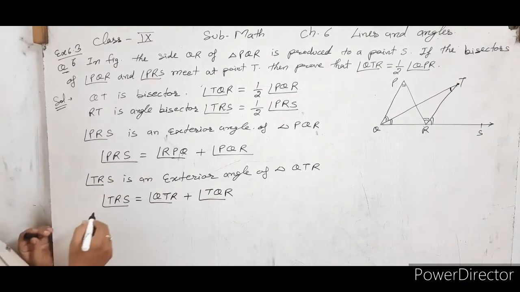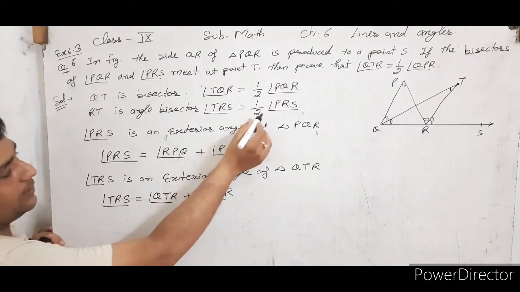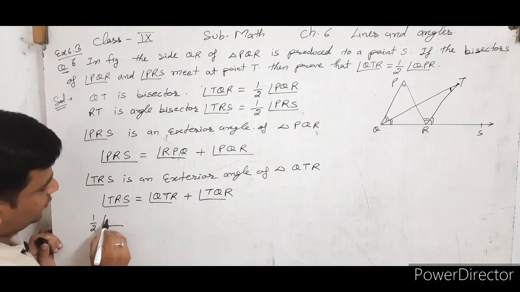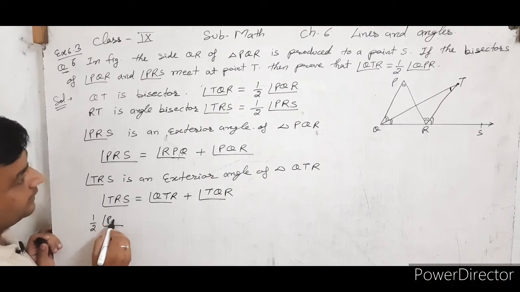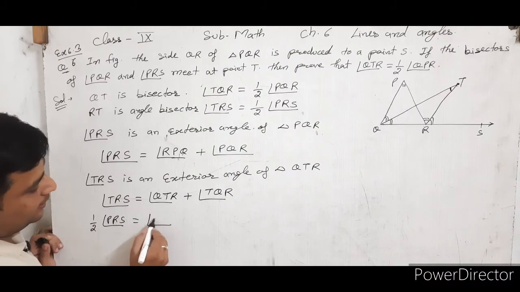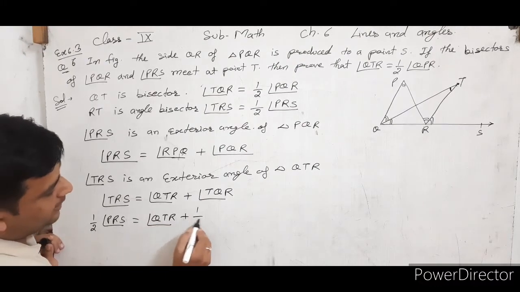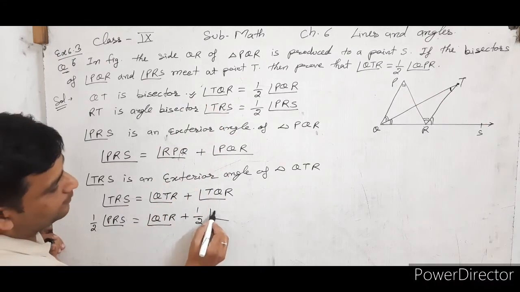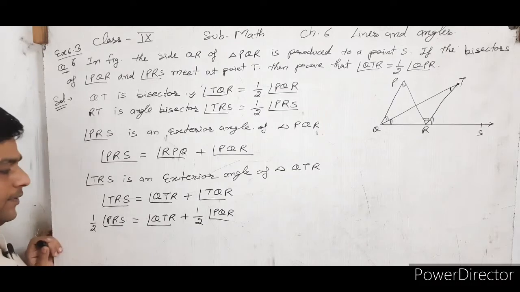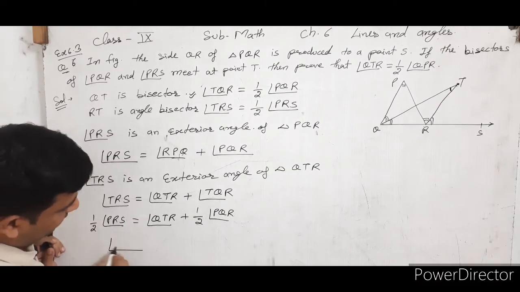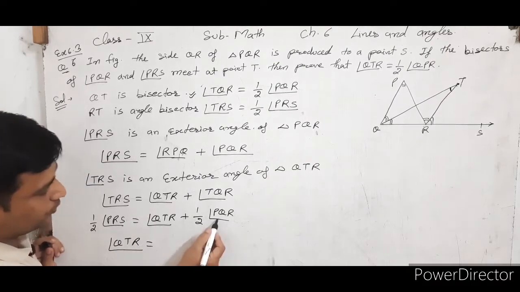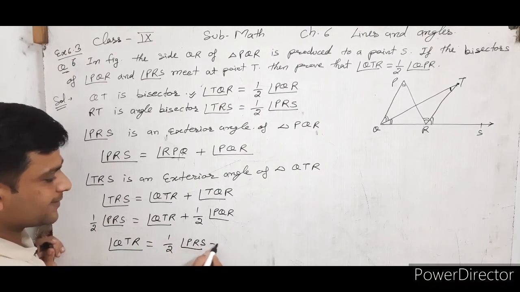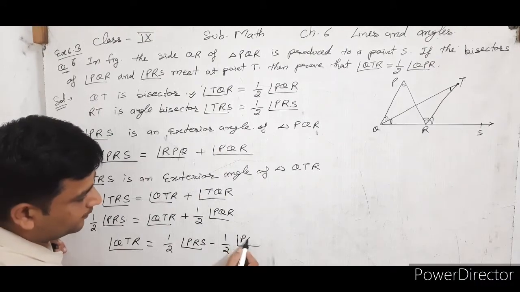Now TRS is half of the angle PRS, so we can substitute the value of TRS as half of PRS, equals angle QTR plus half of angle TQR, which is half of angle PQR. Solving this, angle QTR equals half of angle PRS minus half of angle PQR.